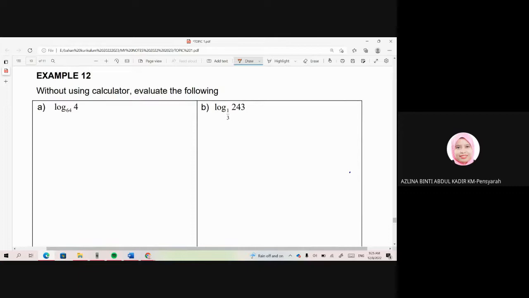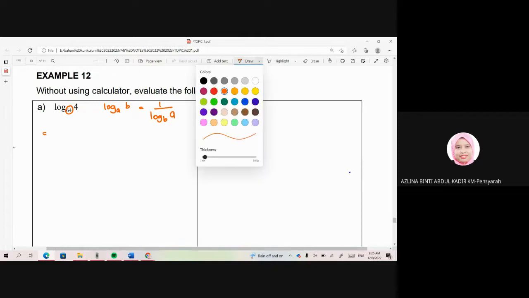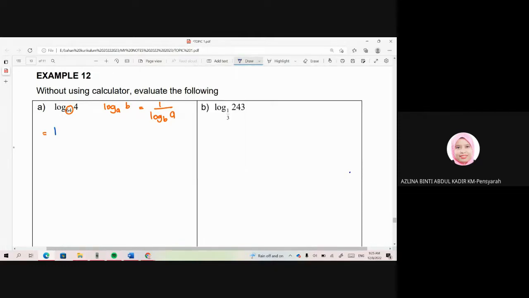Example 12. Without using a calculator, evaluate the following. Log 4 base 64. Look at the base: the base is bigger than the value 4. So the idea is you change the base. Log B base A is equal to 1 over log A base B. So how do we do it?